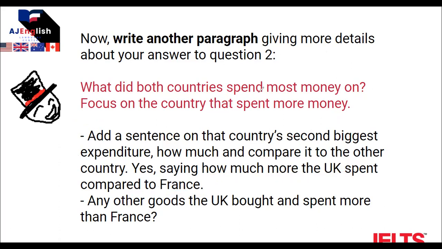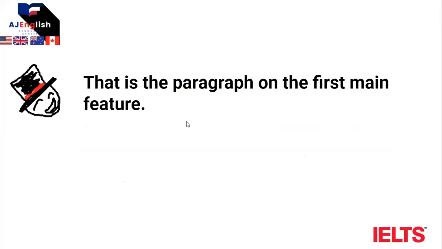And finally, you have to write one more sentence. Any other goods that the UK bought and spent more than France did. Moving on, that is going to be the first paragraph on the first main feature.